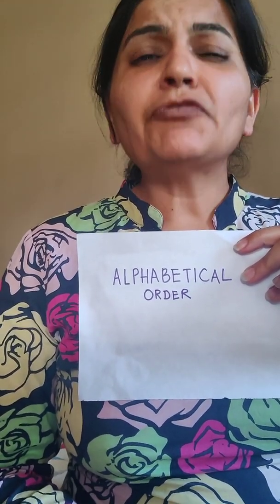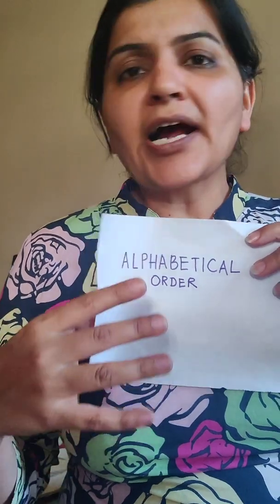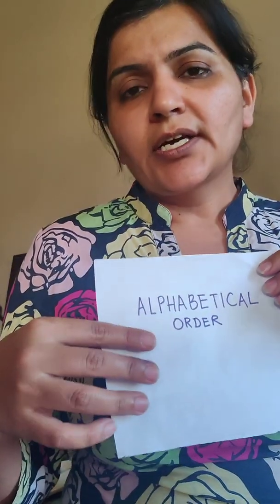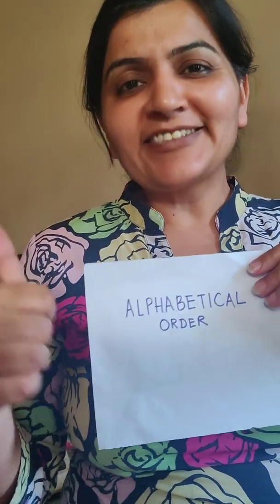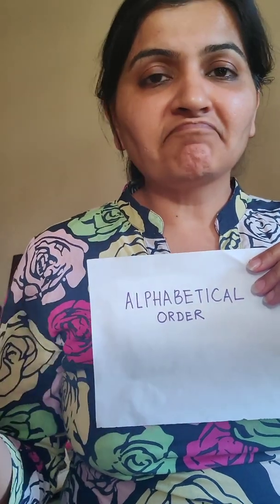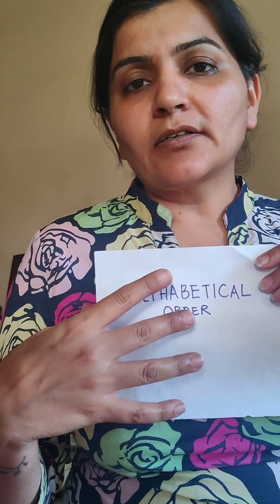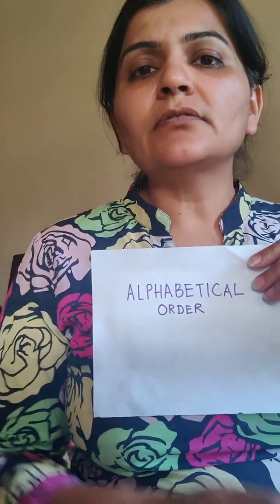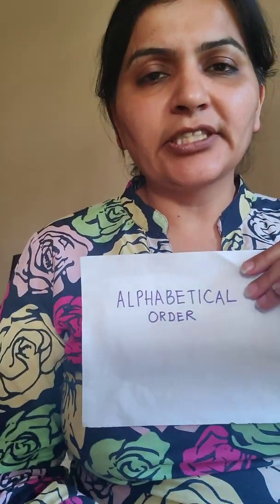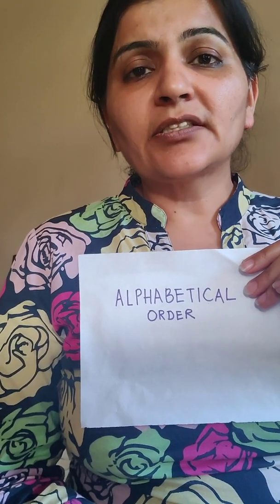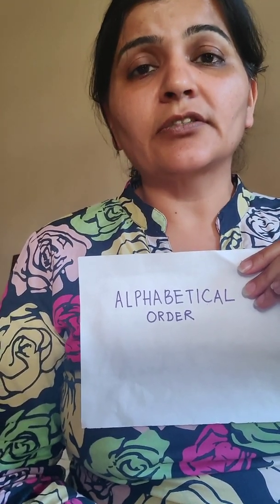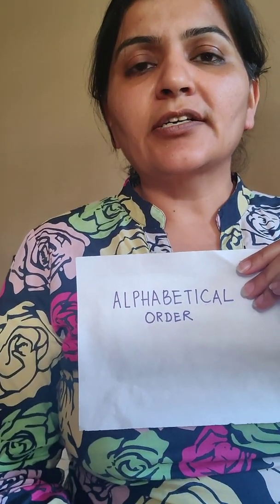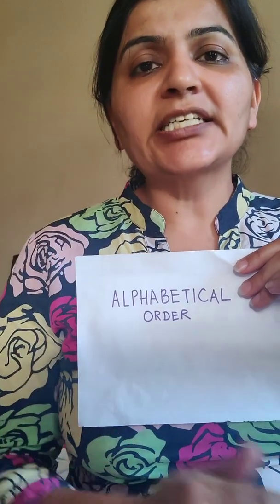Now, where do we use it, or where do we find alphabetical order, children? Dictionaries, yes, and any other? Okay, if you see the cell phone you have, or any phone directory, all the contact numbers are saved in alphabetical order.